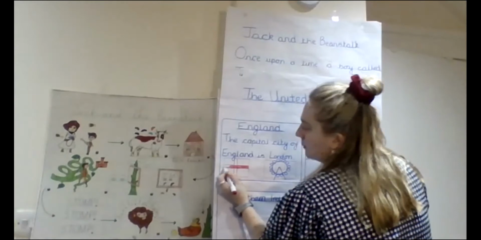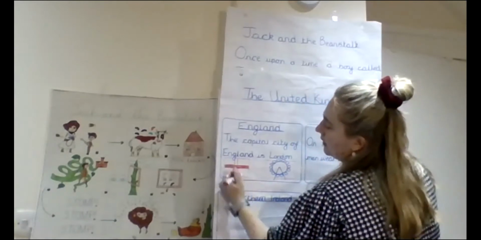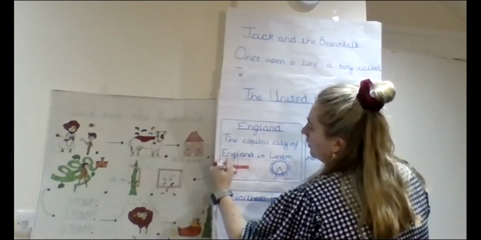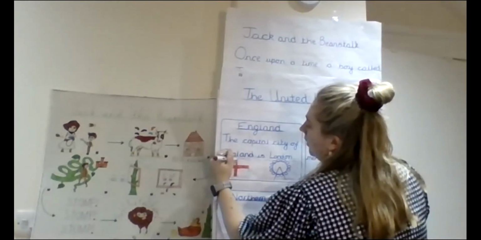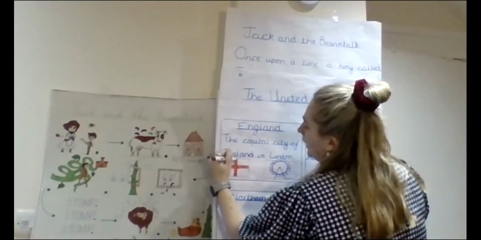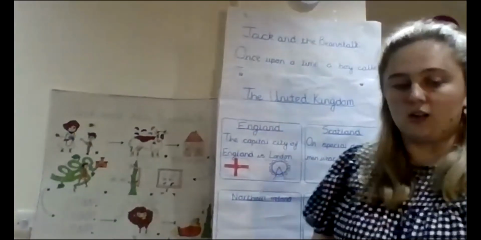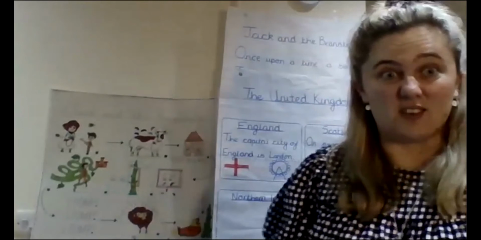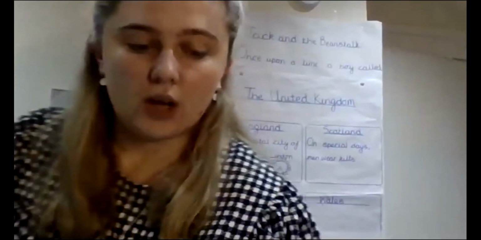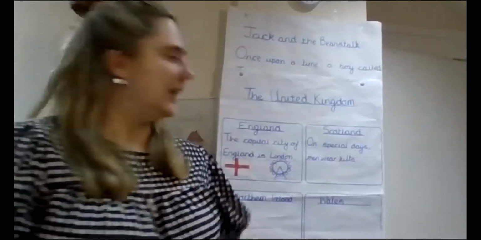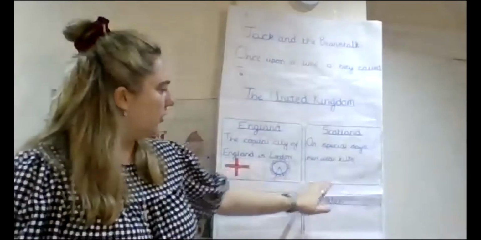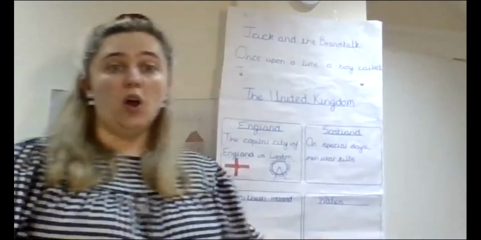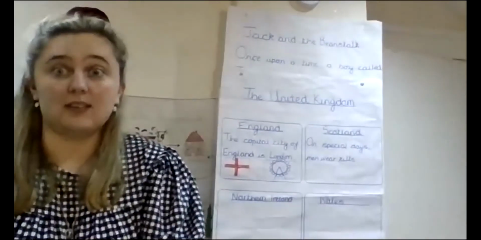Now your colouring is going to be a lot neater than mine, isn't it? Did I hear you say yes, Miss Walker? There we go. And I could write underneath it that this is the flag for England, couldn't I? And I could label this picture London Eye. And then you've got to do it for all 4 of your countries.